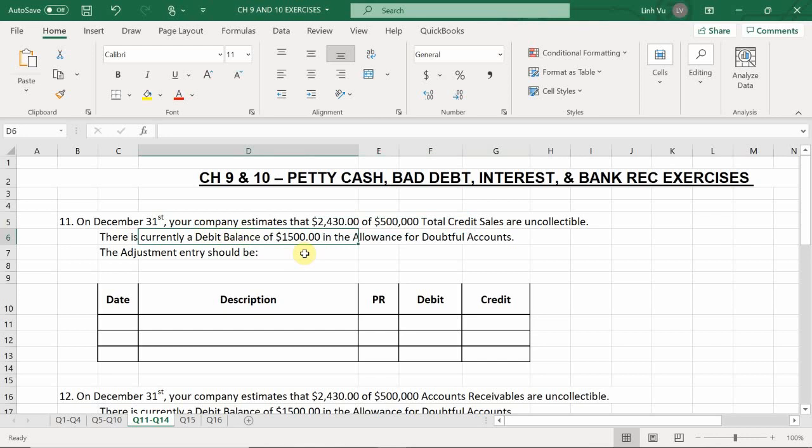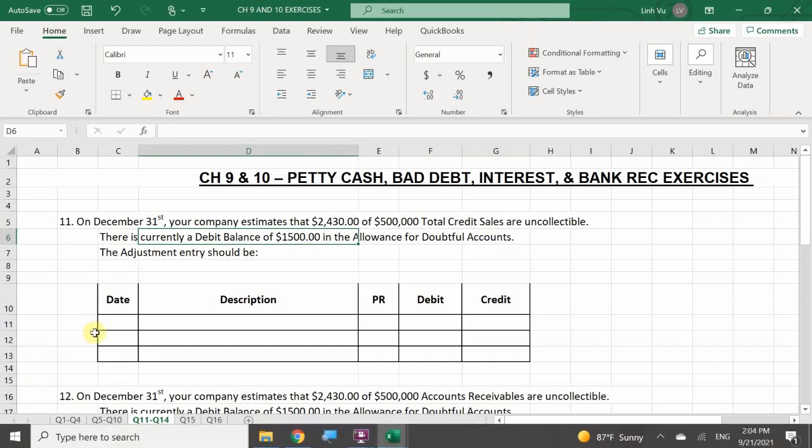Now in this case, when we see the word total credit sales, we immediately think about the income statement, because on the income statement, the allowance for doubtful accounts doesn't even appear. Nor does the accounts receivable account.